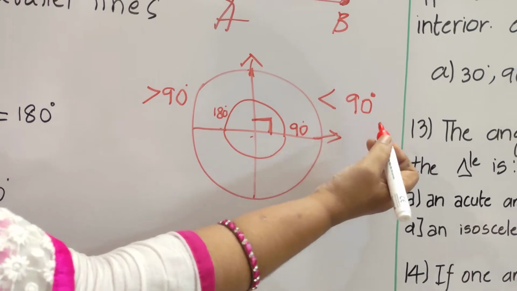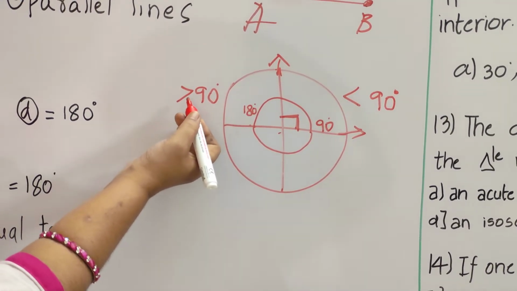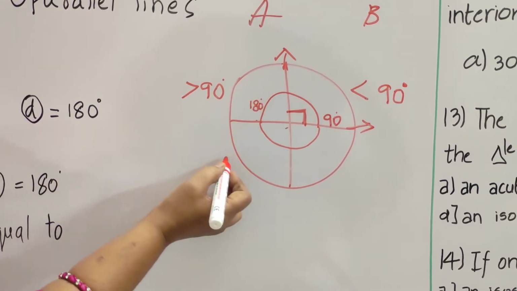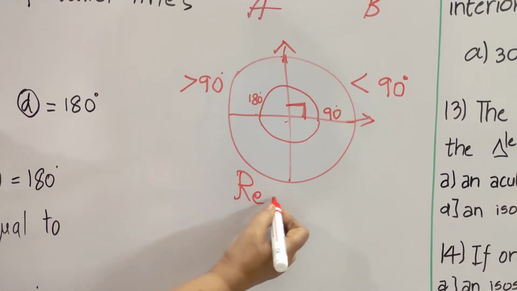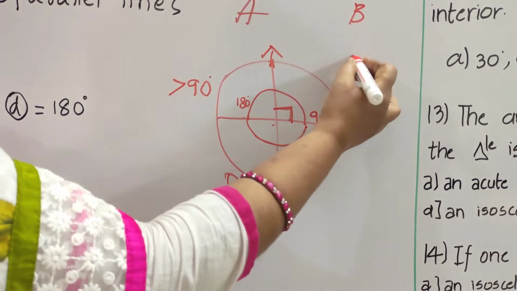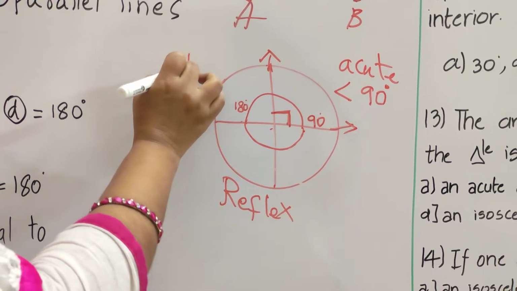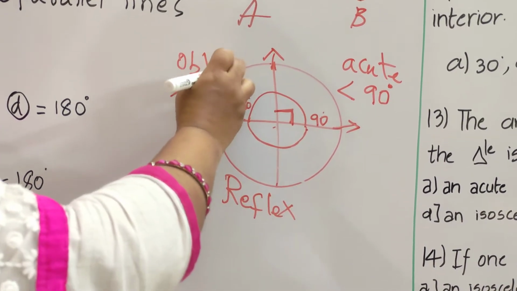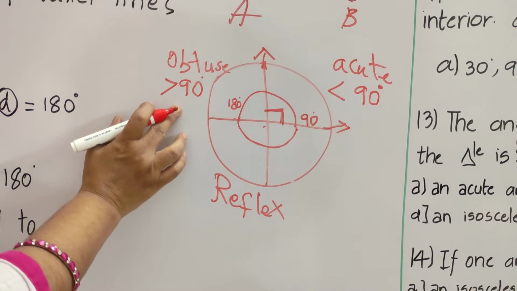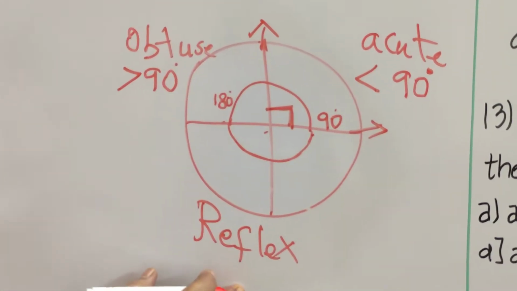Greater than 90, it is obtuse angle. Greater than 180, this will be reflex angle. This is reflex angle. This is acute angle. This is obtuse angle. Okay. Greater than 90 is obtuse angle. Greater than 180 is reflex angle.